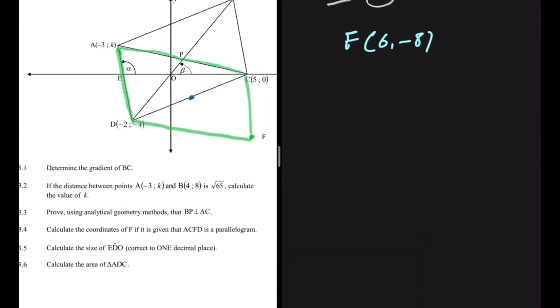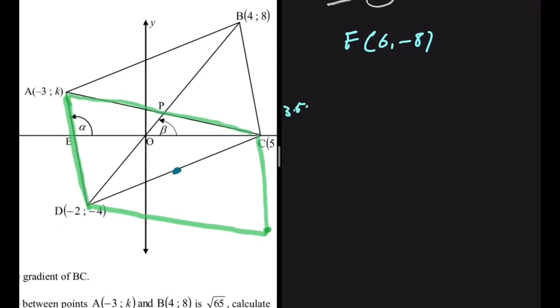3.5. Calculate the size of EDO, correct to 1 decimal place. So let's go to our diagram and look for EDO. EDO is this angle right here. How can we possibly find EDO? Well, I can see fairly quickly that I can find the value of this angle here. If I find the value of that angle, then that angle will be equal to this angle.